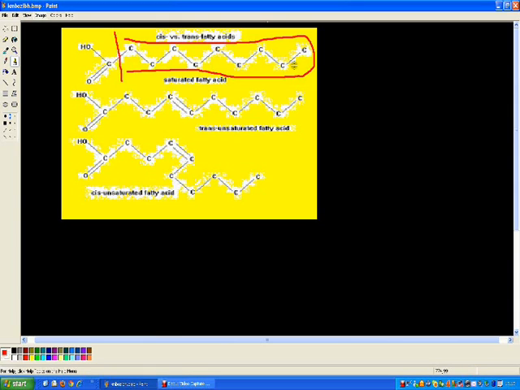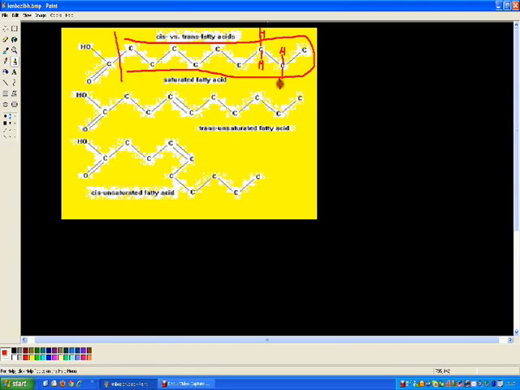Now each carbon is bonded to 2 or 3 hydrogens. So here we're gonna have a hydrogen, here another hydrogen, and this all over the chain.